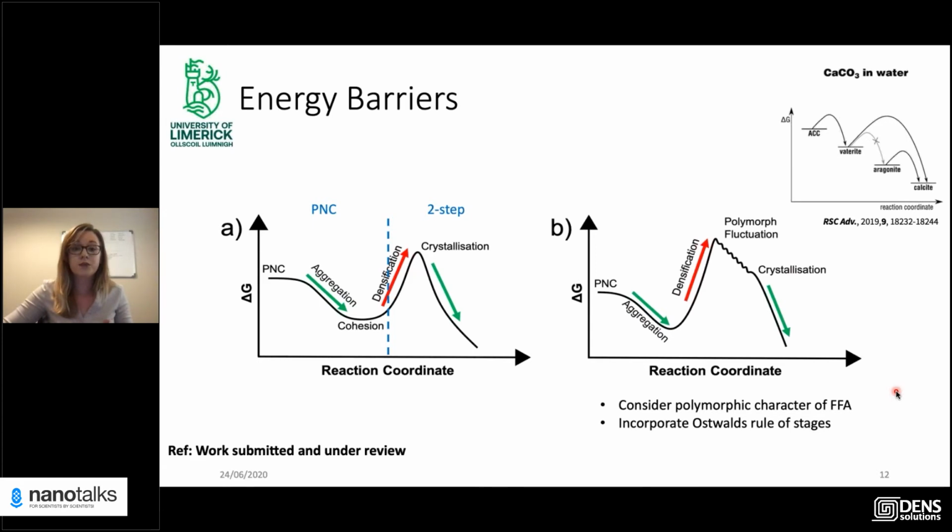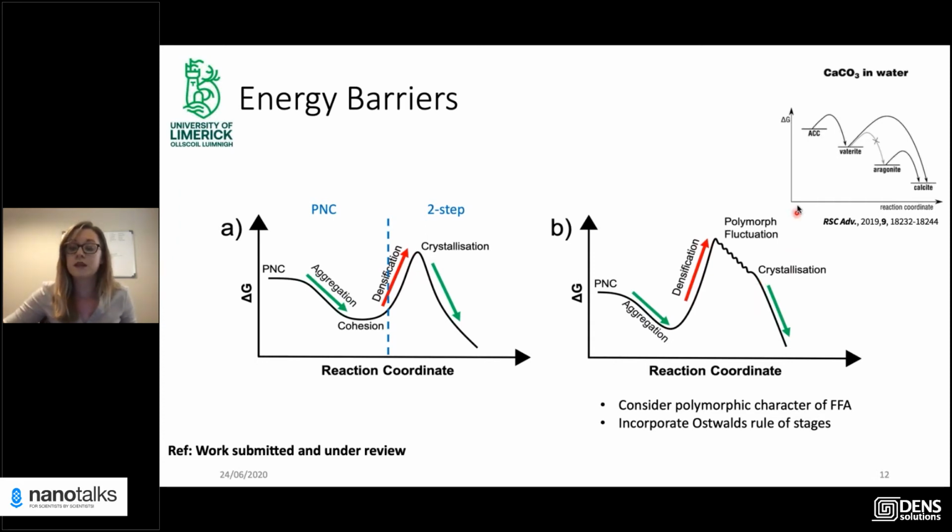It has 9 perceivable polymorphs, and once you have the energy cost of densification, this polymorph fluctuation here is a cascade where you have your first crystal structure formed, which would be the highest in energy and the least stable, and then it will cascade through the lower energy polymorphs until it settles on the most stable, usually the lowest energy polymorph.